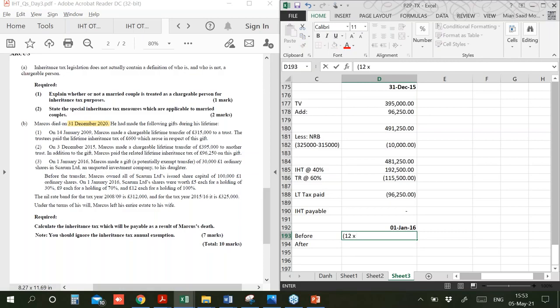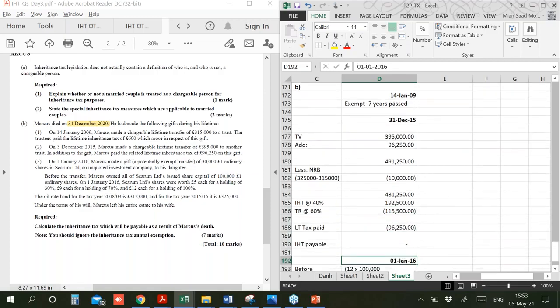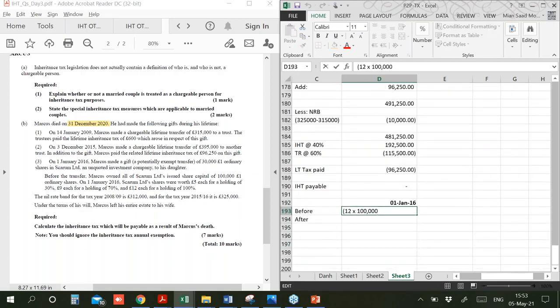He has complete holding of the company of 100,000 shares, and after, he had 70% of the holding, and for 70% the value of the share is 9, and the amount of shares he was left with was 70,000.